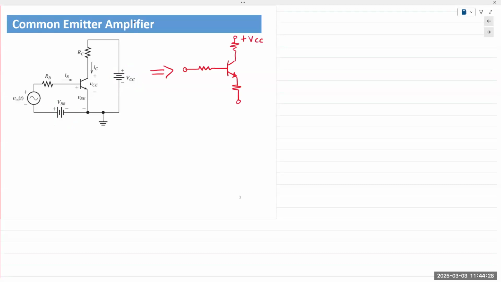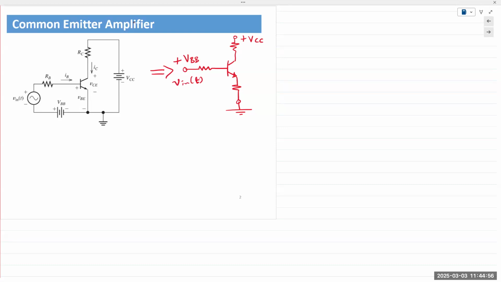You have plus VCC. You might have a minus VEE, or simply ground at the emitter. And then you'd have the base bias VB or VBB, and your AC input also goes into the base. So this is the configuration for a common emitter BJT amplifier, CE.